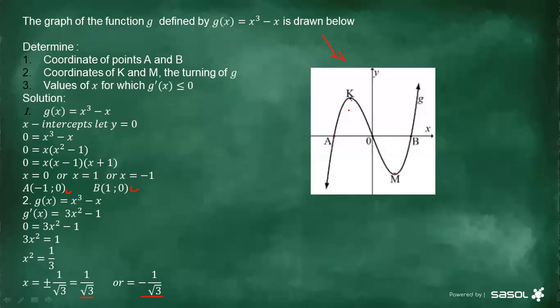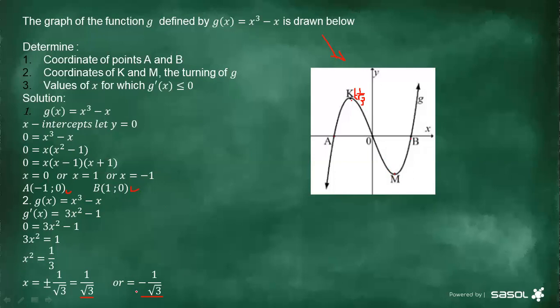So for the coordinate of K, it is surely going to be the negative one, because x is negative in this quadrant. So it's going to be -1 over square root of 3. Of course, the x of M is 1 over square root of 3, the positive one.